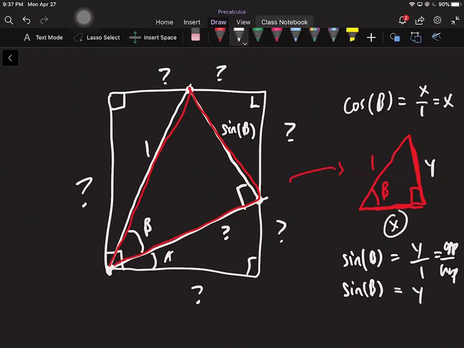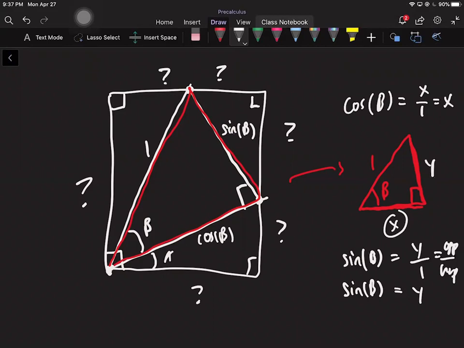So this missing side here is actually just the cosine of that angle. So that's 2 of the sides. So now we're going to keep going from here. So let's see, what else can I investigate? I have to think about it.